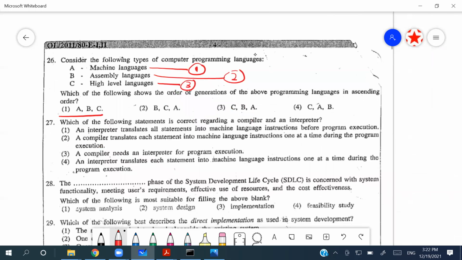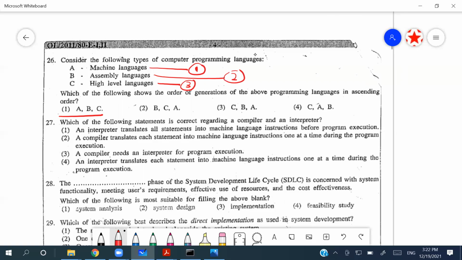27th. Which of the following statements is correct regarding a compiler and an interpreter? Before I move into the question, what are compilers and interpreters? Those are called language translators. A compiler converts the entire source code or program into machine code at once. An interpreter converts the source code line by line into machine code.